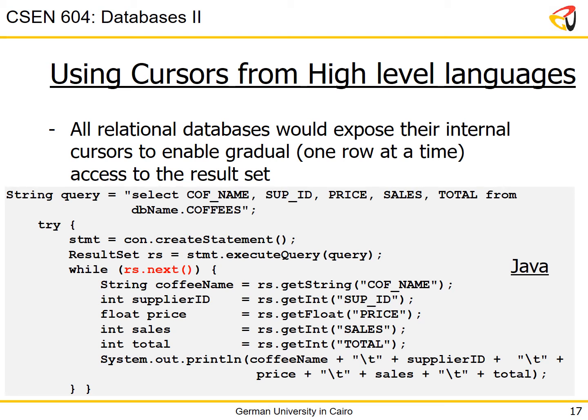Iterators are actually, for your information, exposed even at the programming language level. So I'm showing you here some sample code I got online, written in Java, that queries a table called coffees, to select the coffee name, supplier ID, price, sales, and total.